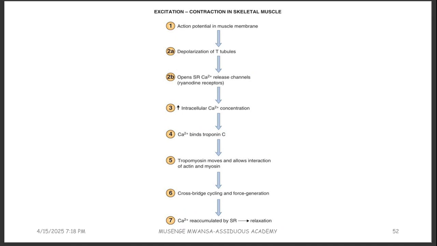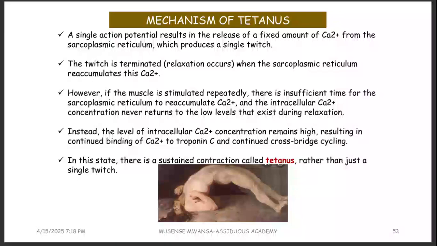Calcium is going to bind to troponin C, and then tropomyosin is going to be moved from the myosin binding site on actin, which allows actin and myosin to interact, forming cross bridges and generating force. And then when contraction has happened, calcium will be taken back into the sarcoplasmic reticulum, and then relaxation happens.